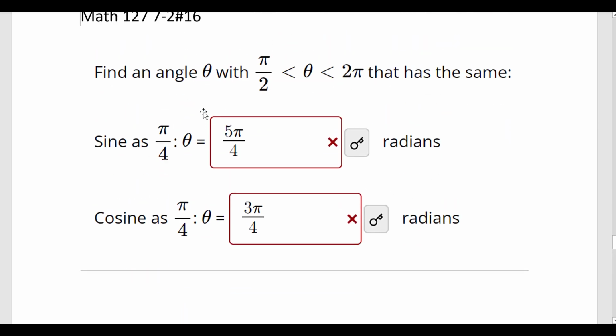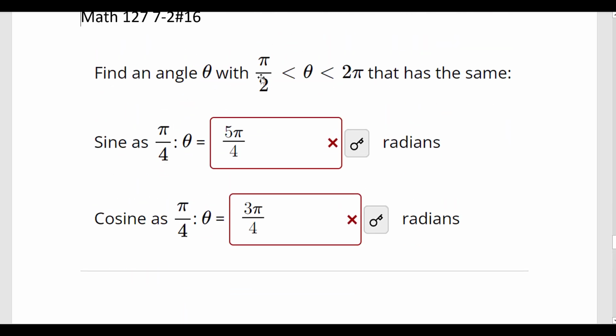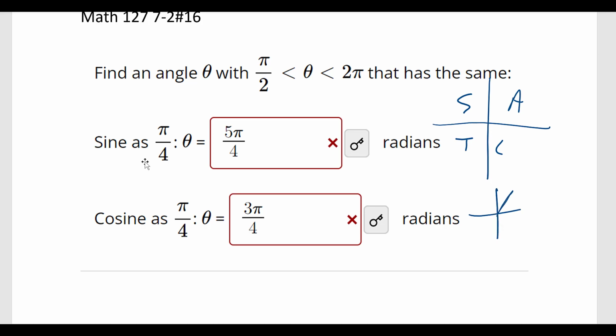Okay, next one. It says find the angle theta, where theta is between pi over 2 and 2 pi, that has the same value for sine as pi over 4, and for cosine as pi over 4. So, again, all students take calculus. If we're looking at this angle here, we want it where sine is positive.